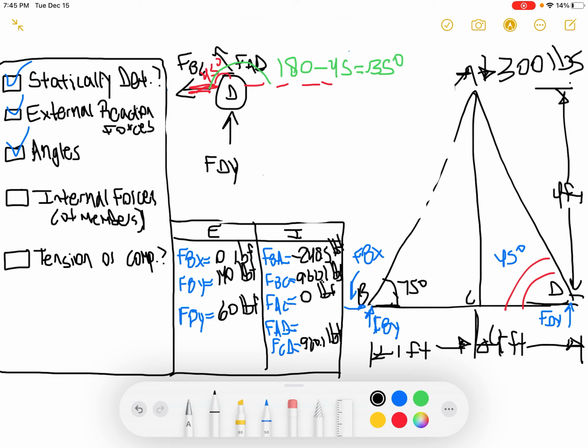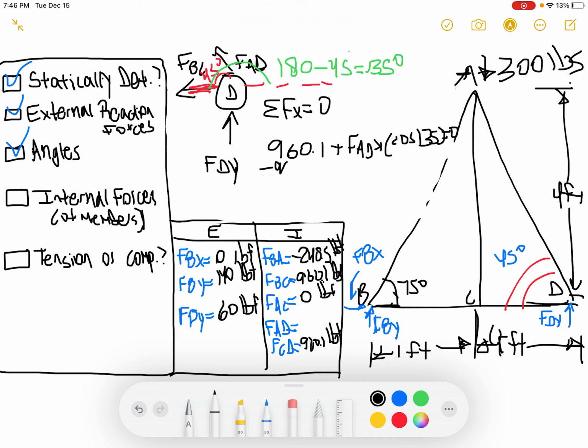So we need to find the sum of the x forces first, like we have been doing. The x forces are, there's only two. FBC, we found that was 960.1 plus FAD times the cosine, because we're finding the x component, of 135 equals 0.